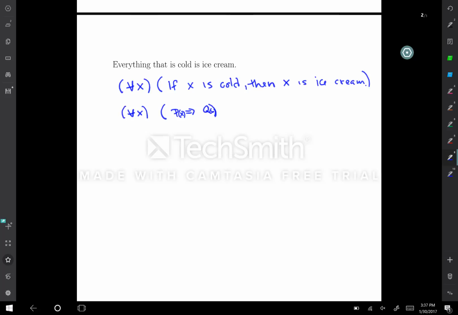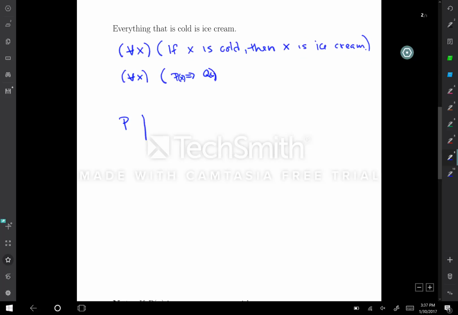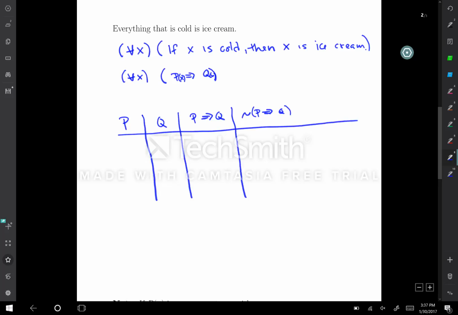So let's consider for a moment the truth table. Looking at our truth table, recall that true implies true is true, true implies false is false, false implying true or false implying false is also true.